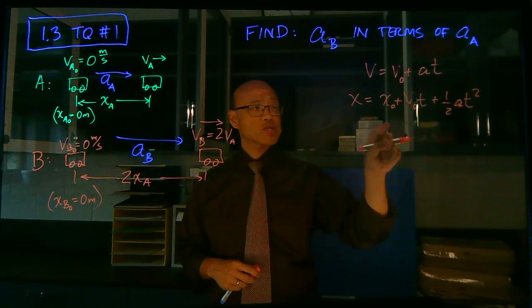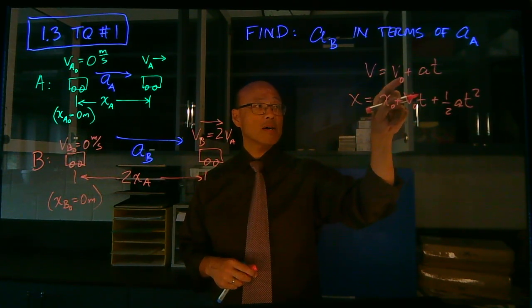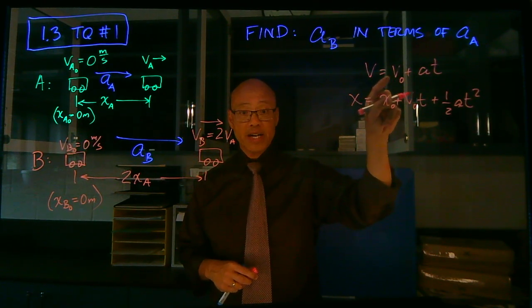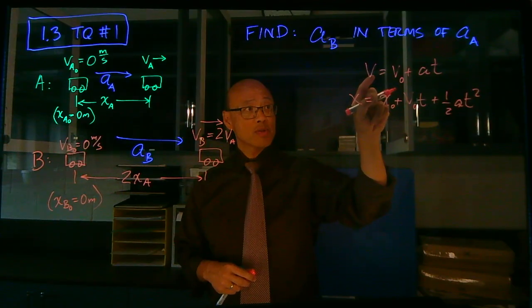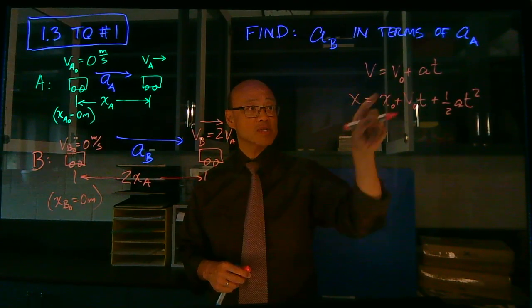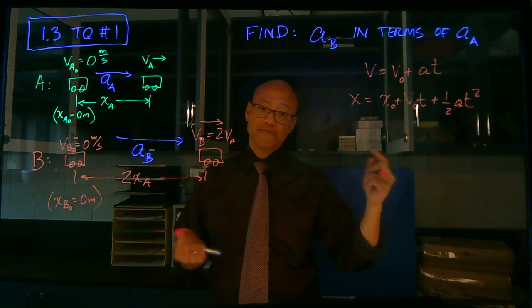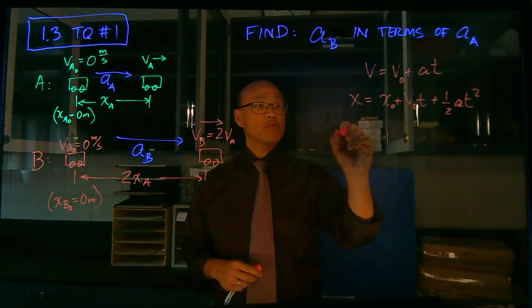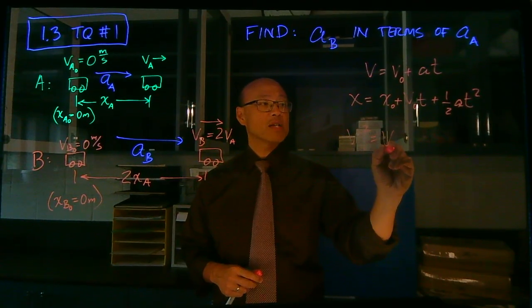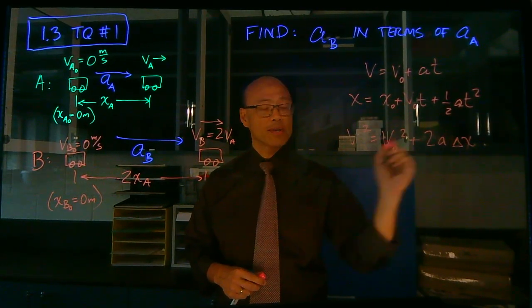Commentary on the actual equations: if you look on the equation sheet, you've got Vx and Vx naught. So the x's that I didn't write here just mean that it's the velocity in the same dimension as this equation. That's all that means. Okay, and then we have one more. V squared equals V naught squared plus 2a delta x.